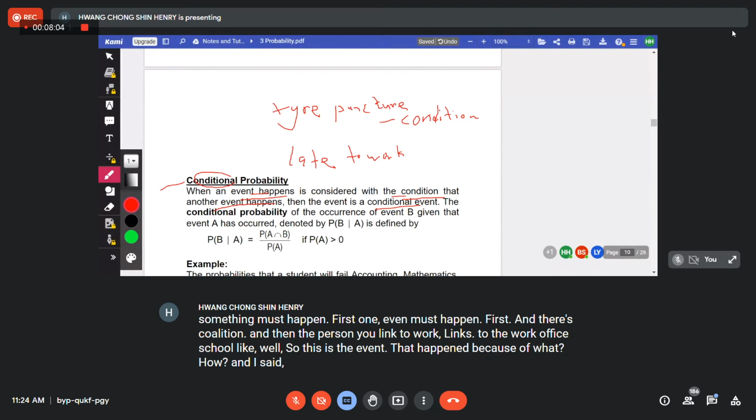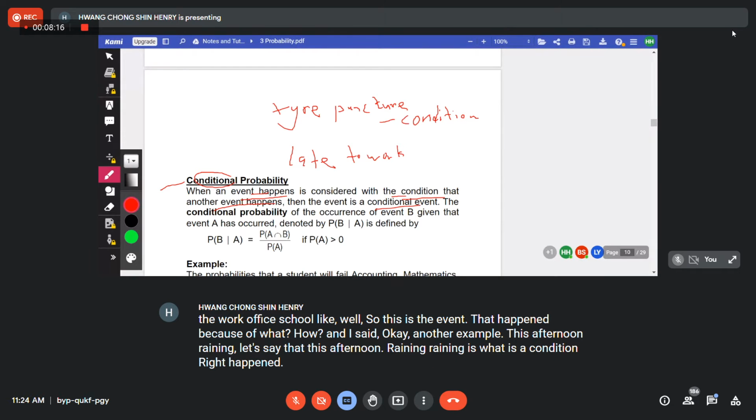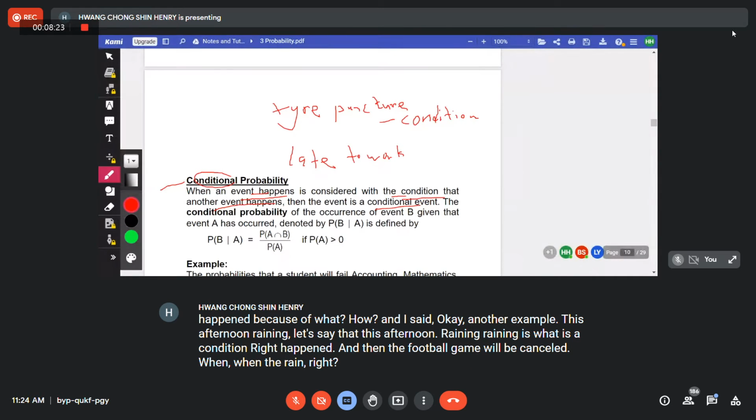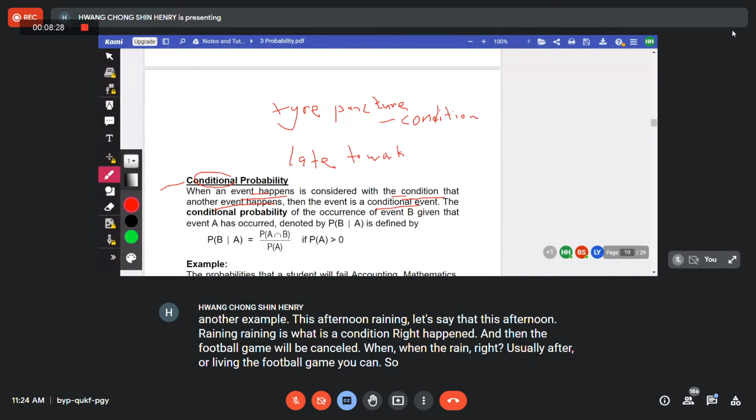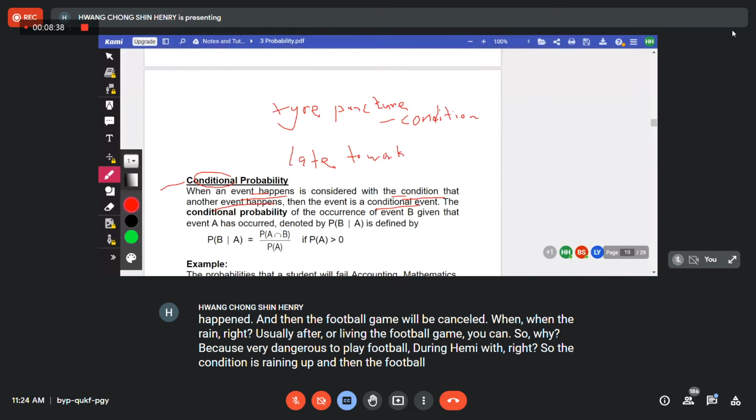Understand? Okay. Another example. Let's say this afternoon it is raining. Raining is a condition. Rain happened, and then the football game will be cancelled. Usually after or during raining, the football game will be cancelled. Why? Because it is very dangerous to play football during heavy rain, right? So the condition is raining, and then the football match will be cancelled.